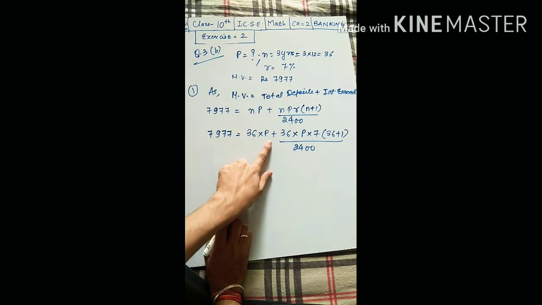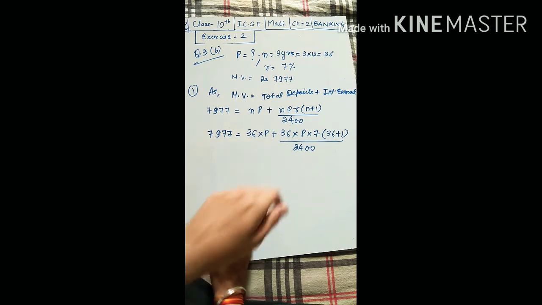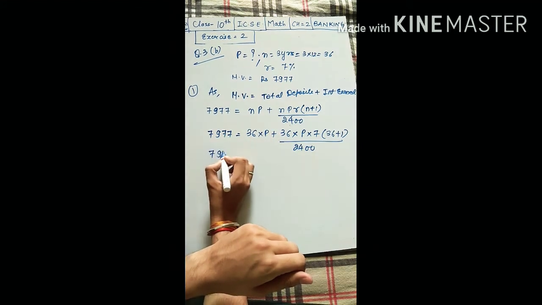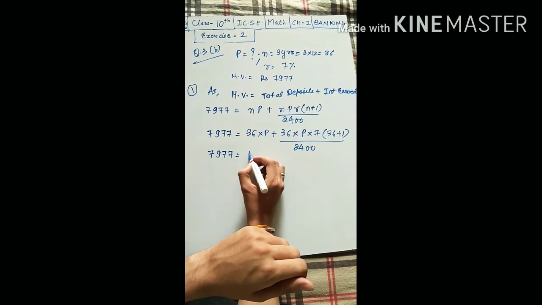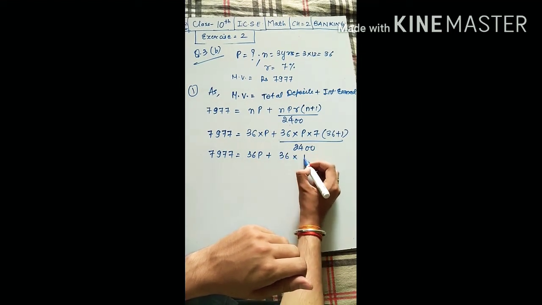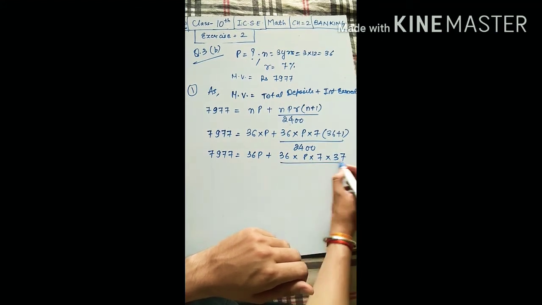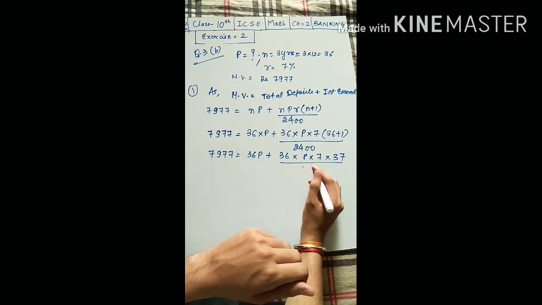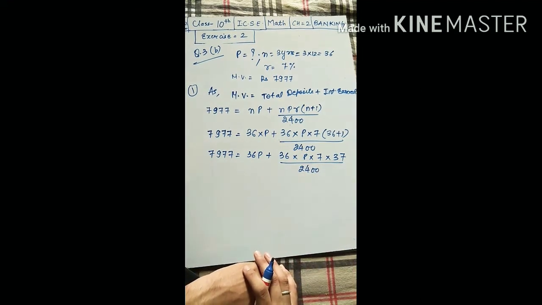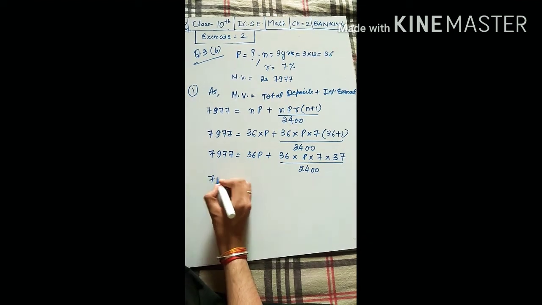Don't include this value in your fraction, this is totally different. 7977 is equal to 36p plus 36 into p into 7 into 37 upon 2400. So what we can do from here, we can take 36p common from both.